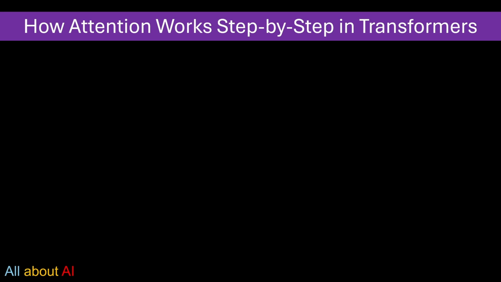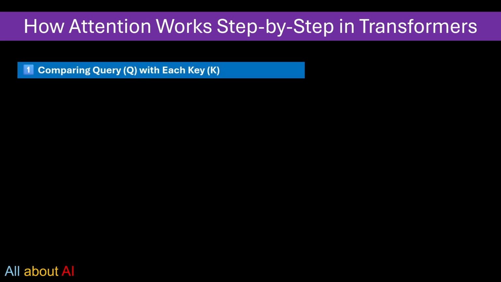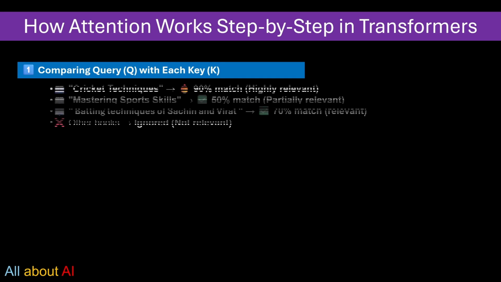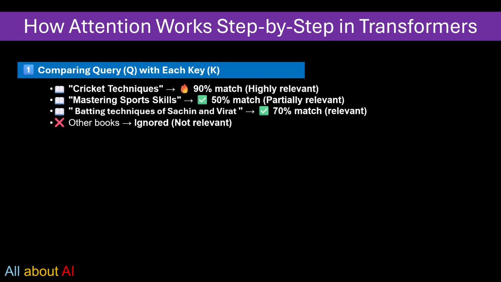We have seen in the library context what is query, what is key, and what is value. Now let's understand, using the same analogy, how transformer attention would work as a step-by-step process. First, there will be a comparison of the query with each key, and the system checks how well the book tags (keys) match with your request (query). The librarian assigns what is called a similarity score in attention language.